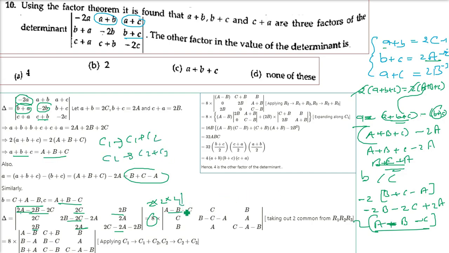So column 1 will be changed to column 1 plus column 2, that is this C. If you add A minus B minus C, C gets cancelled, A minus B. If you add B minus C minus A, C gets cancelled. Similarly here, C2 plus C3: A plus C minus A minus B, A gets cancelled, C minus B. So finally what did you get?